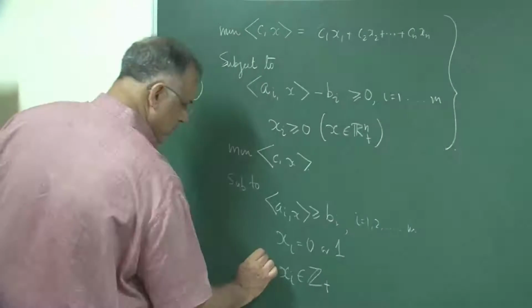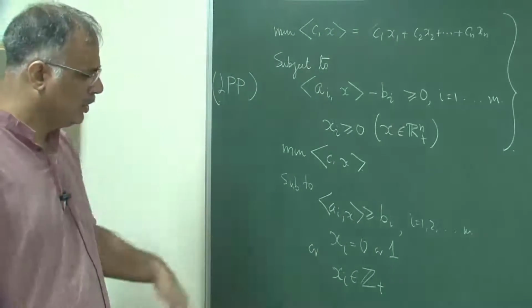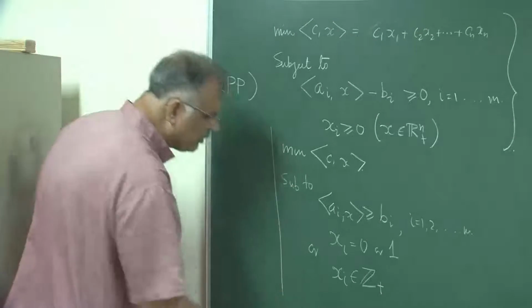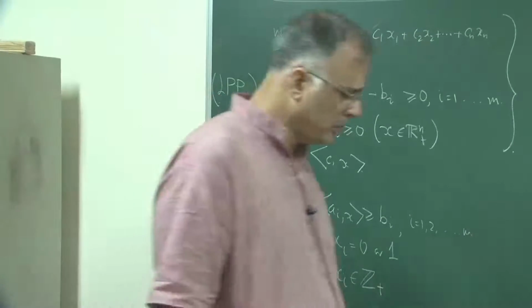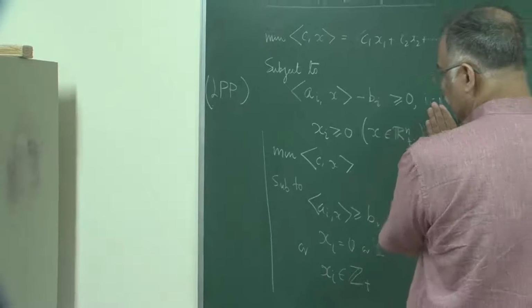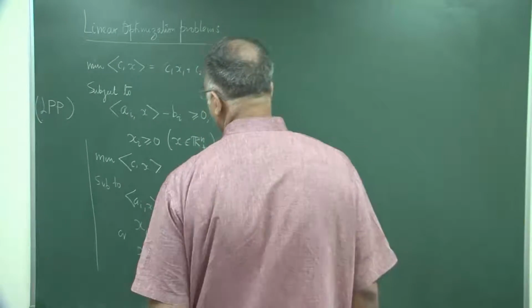I am just giving examples, it is not that it is always either this or this, or it could be that xi could be any integer. So this sort of problem is sometimes called an integer linear programming problem. Let me tell you that the linear programming problem is a convex programming problem, while the integer linear programming problem is not a convex programming problem.